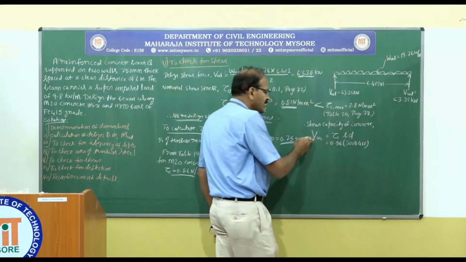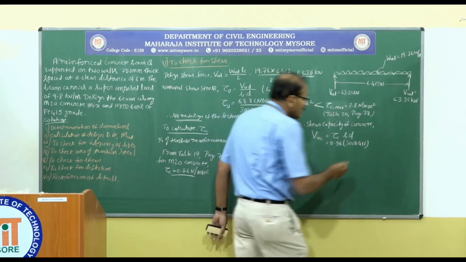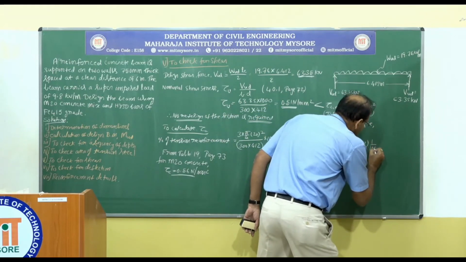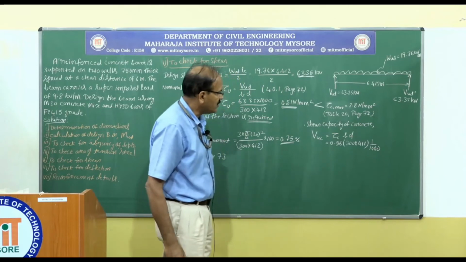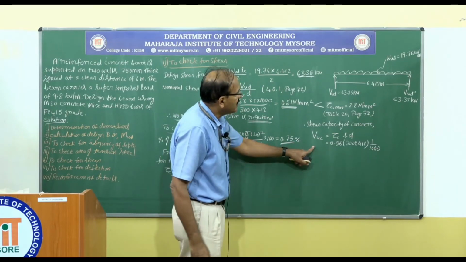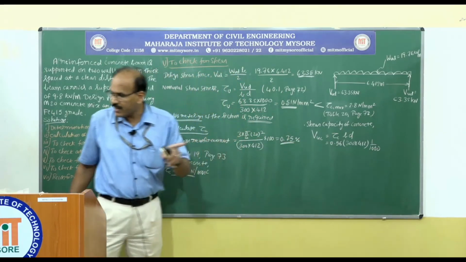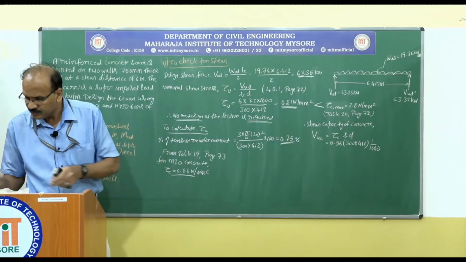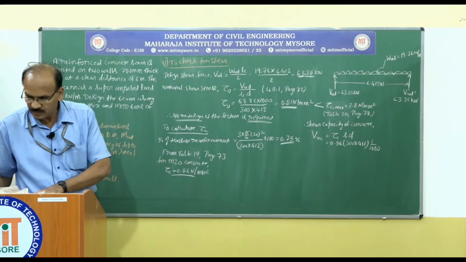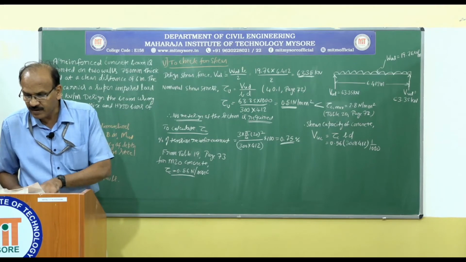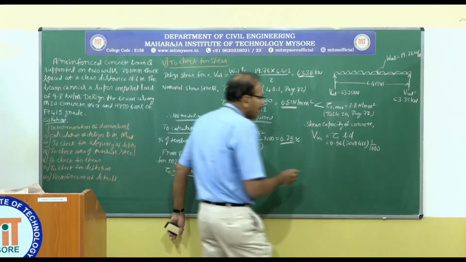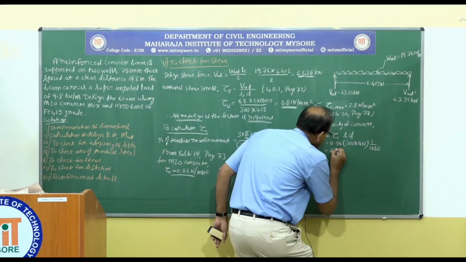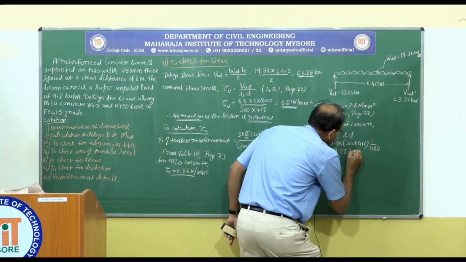So, we get this value in Newton. I am going to convert that into kilonewton by dividing by 1000. So VUC is equal to 69.22 kilonewton.